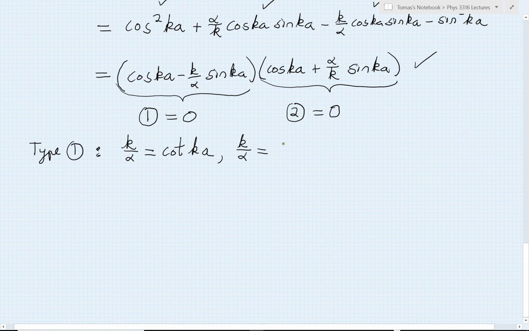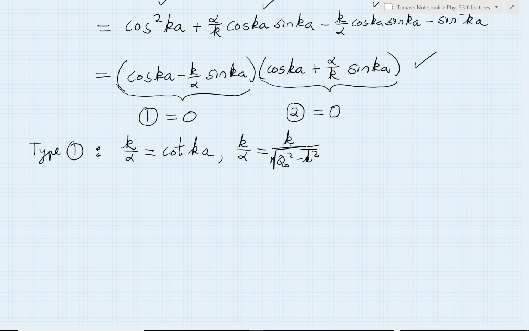So k over alpha would have the value of k over the square root of Q naught squared minus k squared. So really, I'm equating this term with the cotangent, and that is just one equation and one unknown. I should be able to solve that system, and we will come back in a moment to how we would solve it.